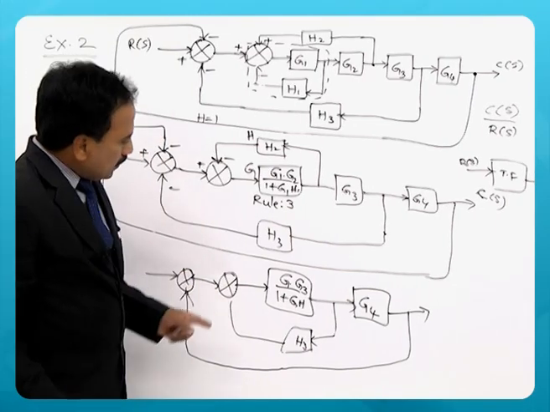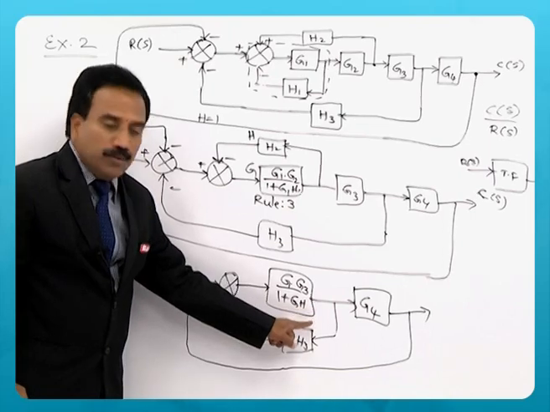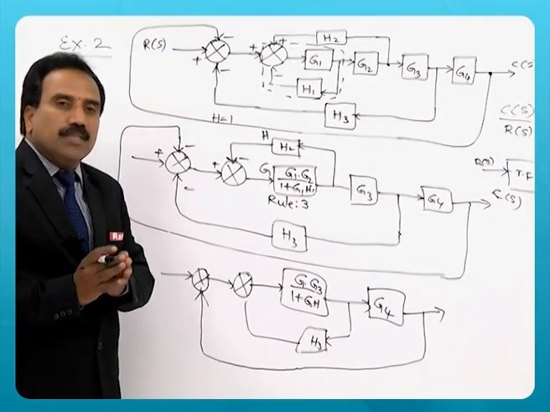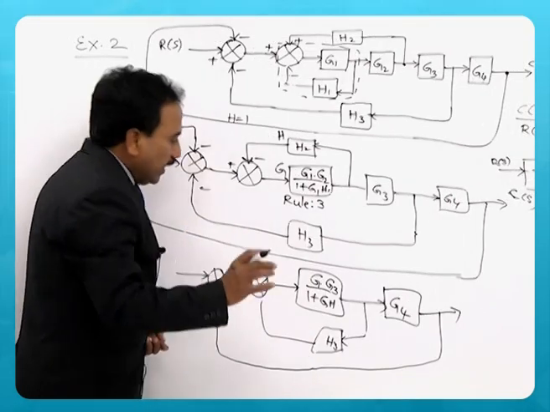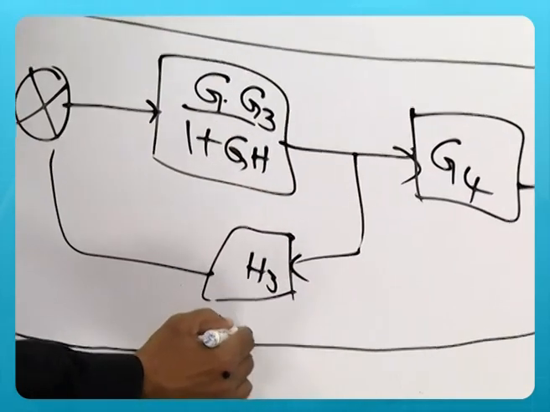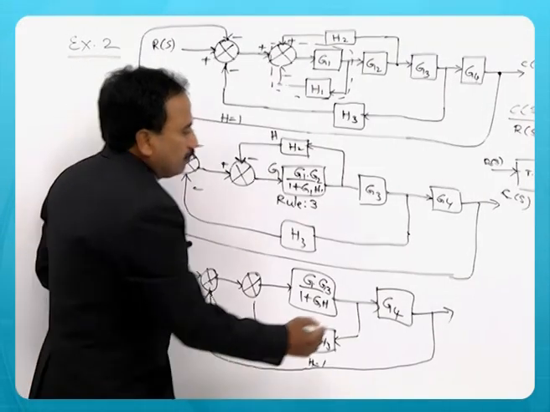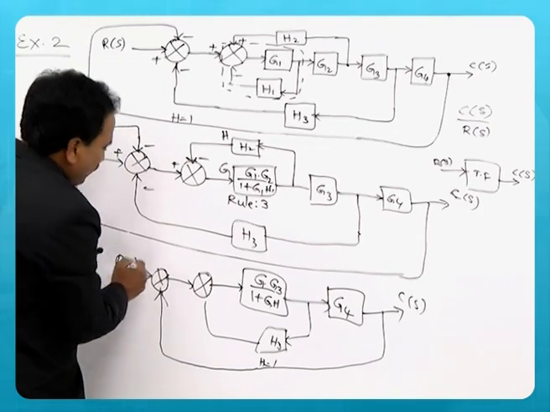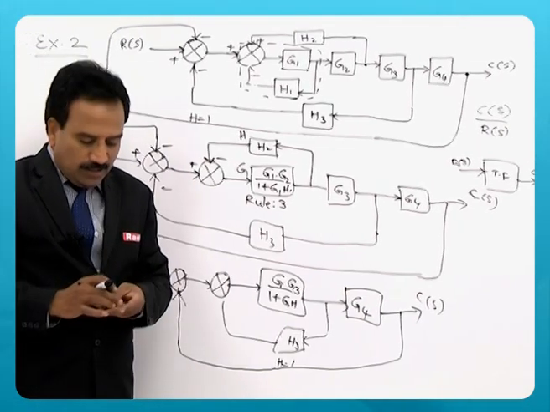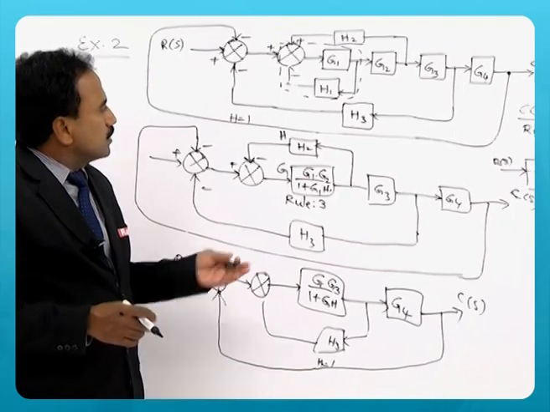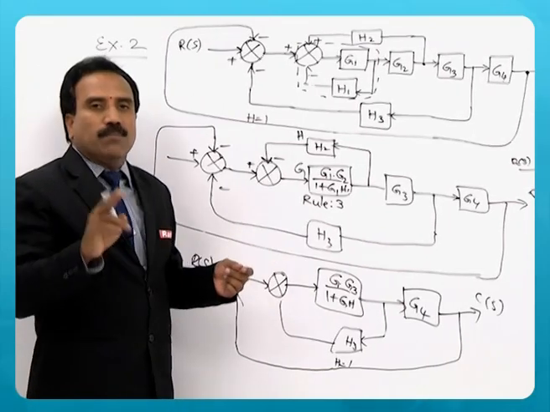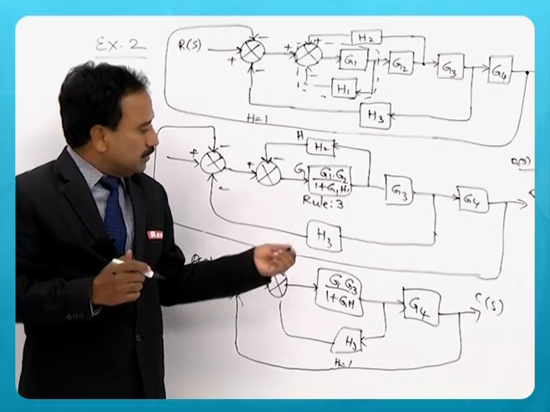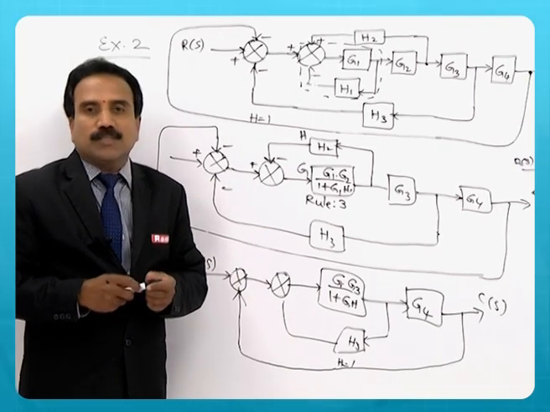So elimination of this feedback loop, multiply with the G4, and then that resultant will be the forward path gain with H equal to 1, and then you can get finally the C of S by R of S. So this is the way you should apply the rules, and hardly 2 rules applied, but 2 to 3 times the rules have been applied to determine the overall transfer function.